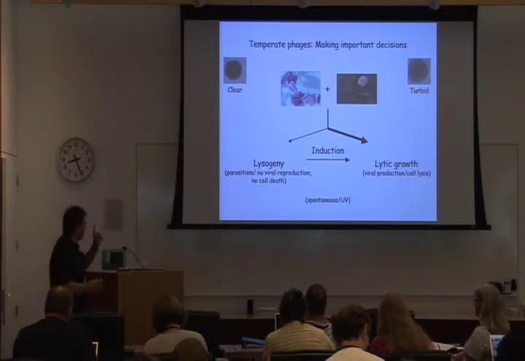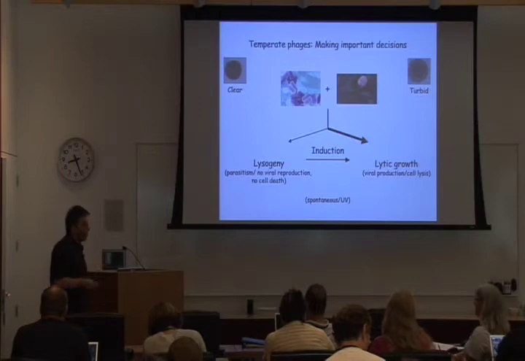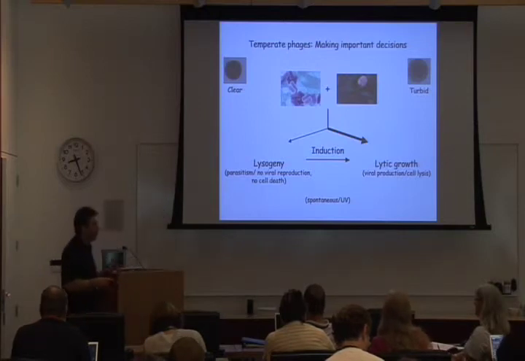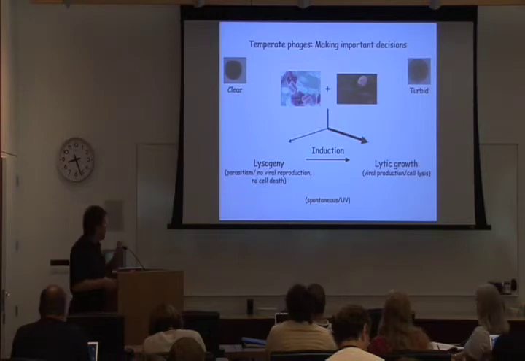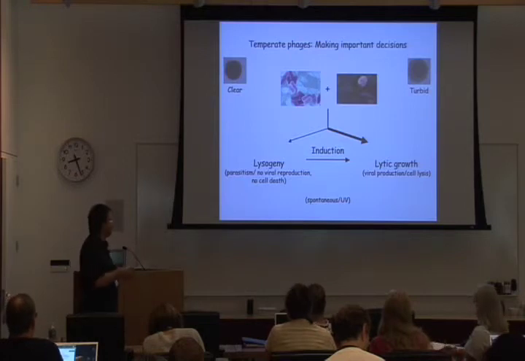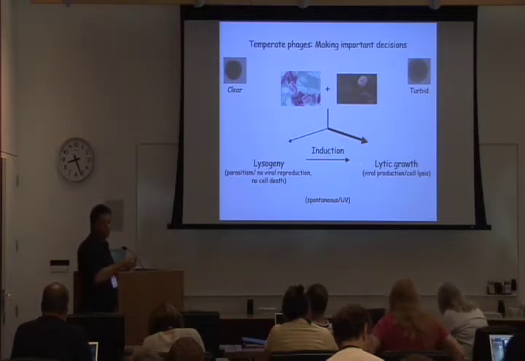So I'll explain that a little bit further, but I want to emphasize that these so-called lysogens, where now the bacteria are carrying with them this form of the viral DNA, while stable, is not terminal, by which I mean that there is a process where these lysogens can be induced into the process of lytic growth.